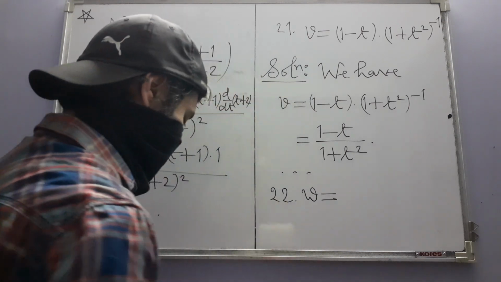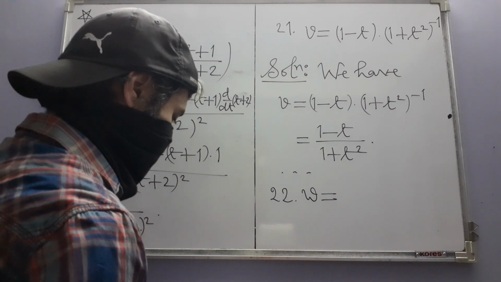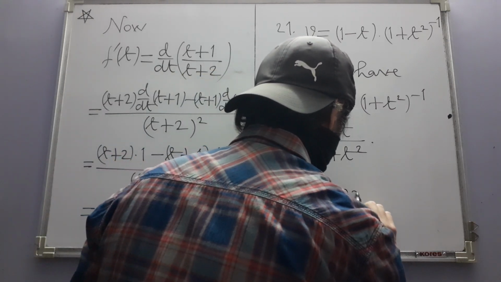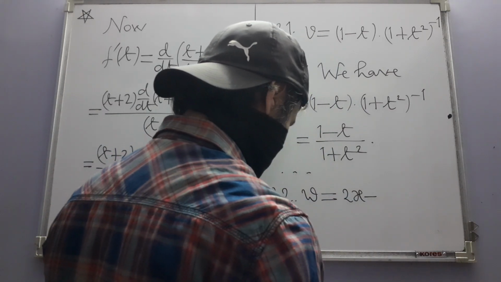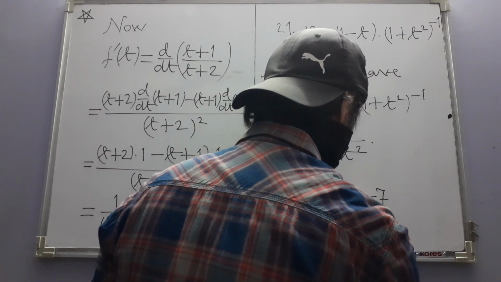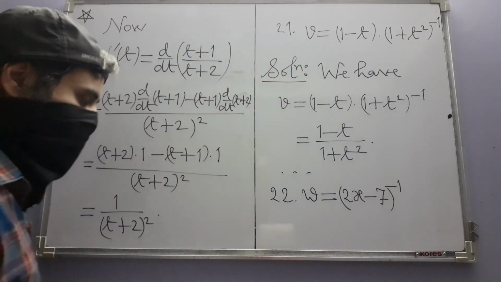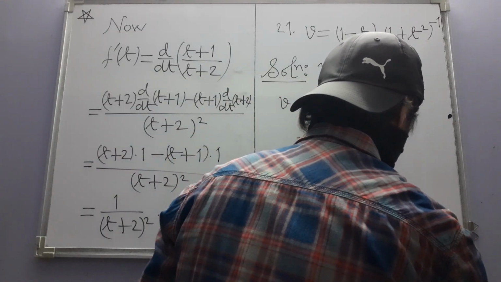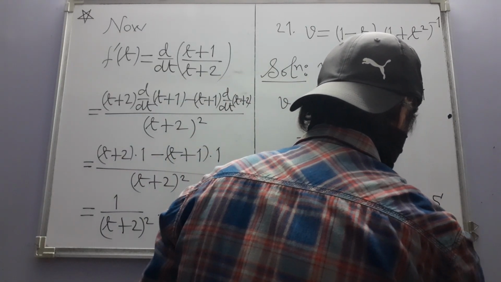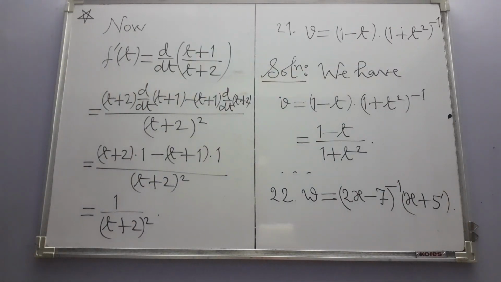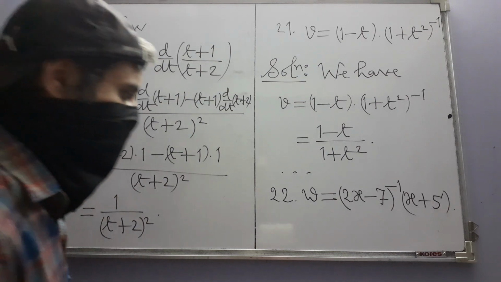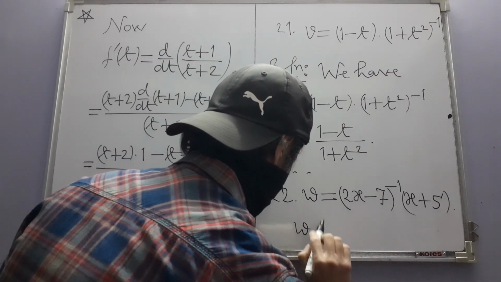Here the dependent variable has name w, and it is 2x minus 7 to the power minus 1 times x plus 5. Now this of course can be written like this.